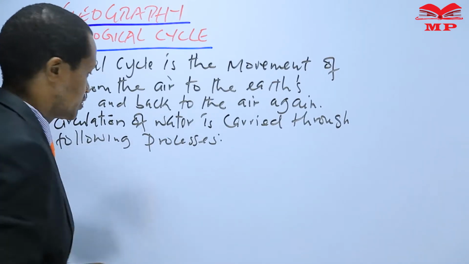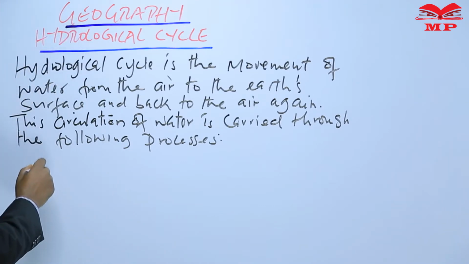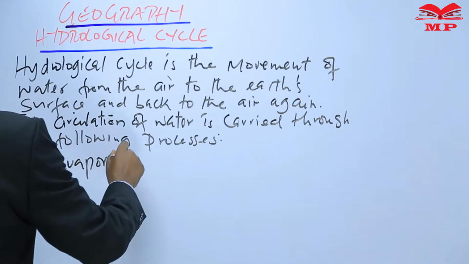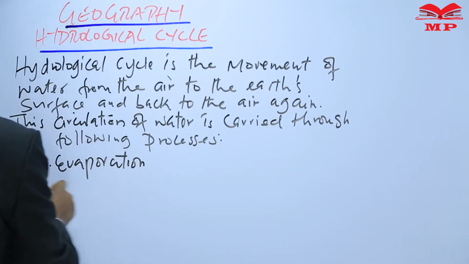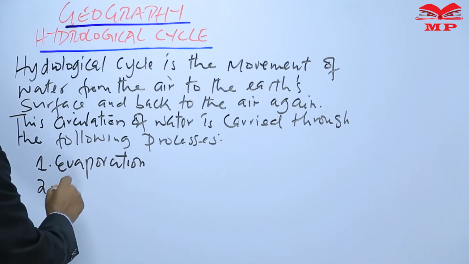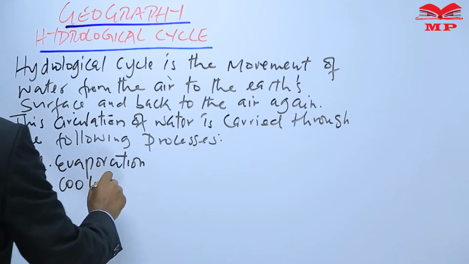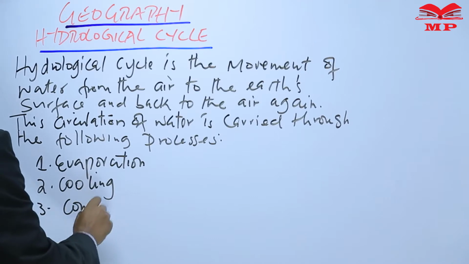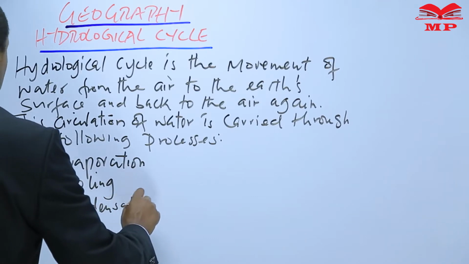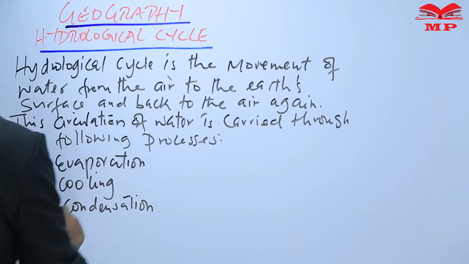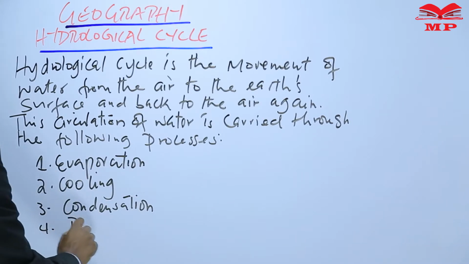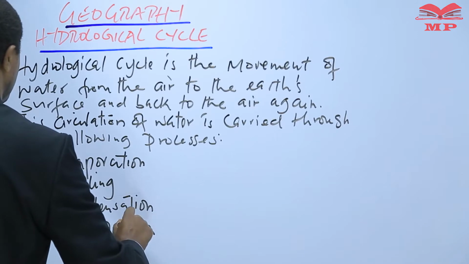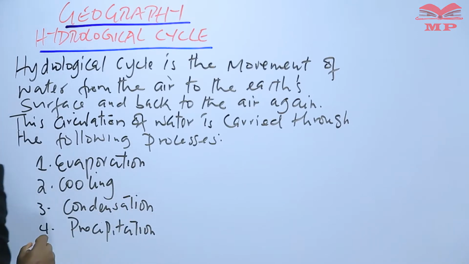The first process is evaporation. Number 2, cooling. Number 3, condensation. Number 4, precipitation.